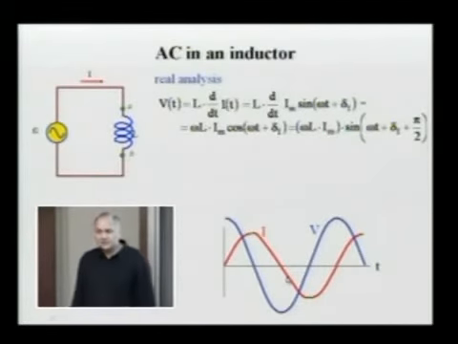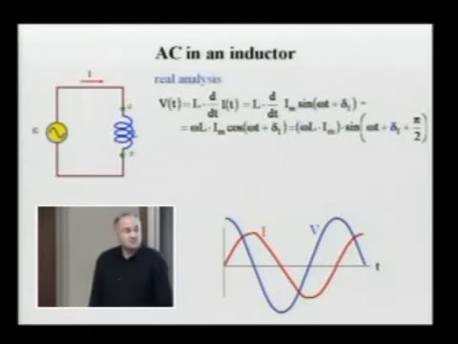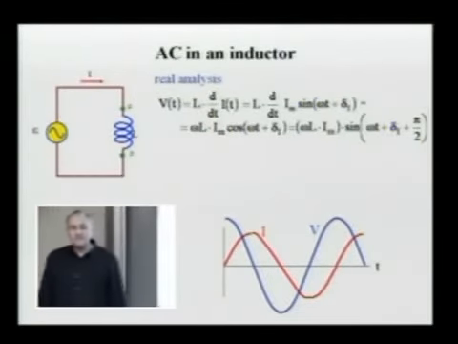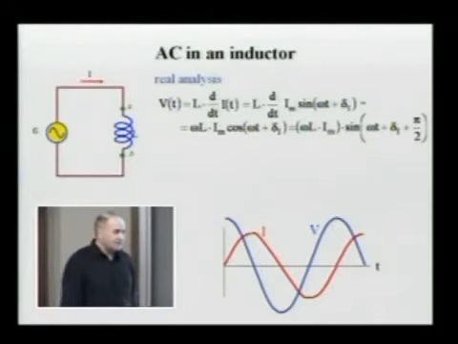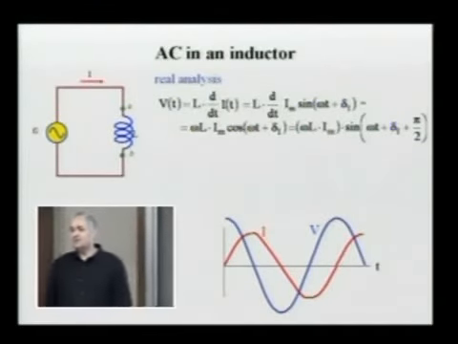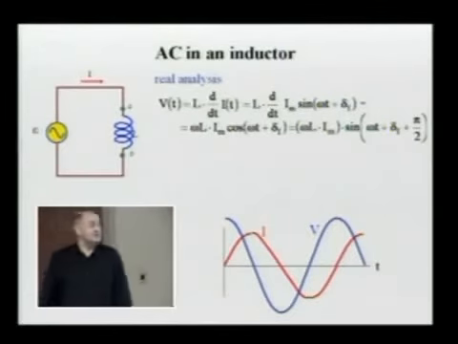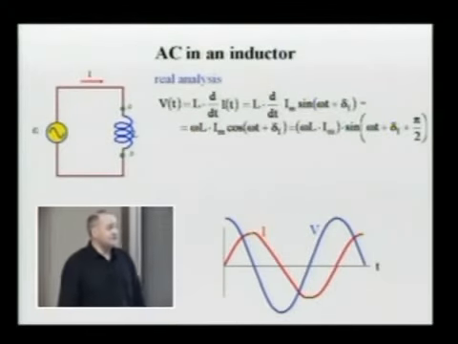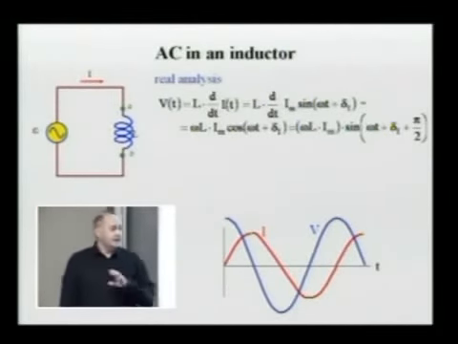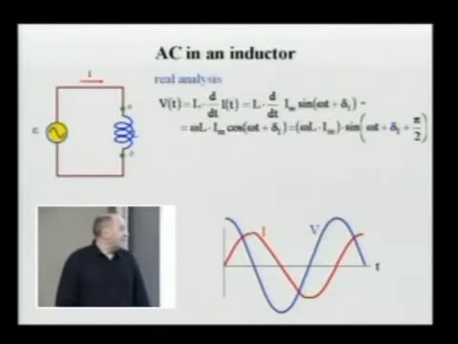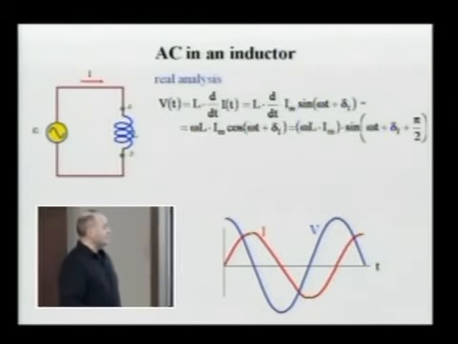By definition, what is phase angle? It is just a difference between phase of the voltage and phase of the current. You can also think about that it's a difference between the initial phase of the voltage and initial phase of the current. At any instant, it is going to have the same value.